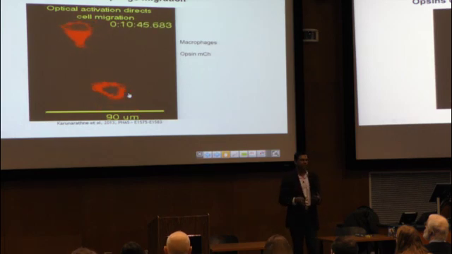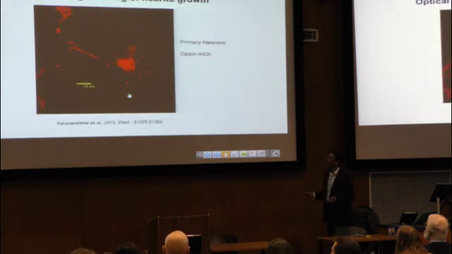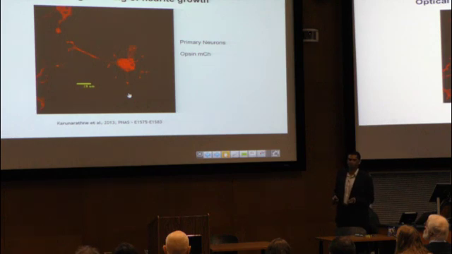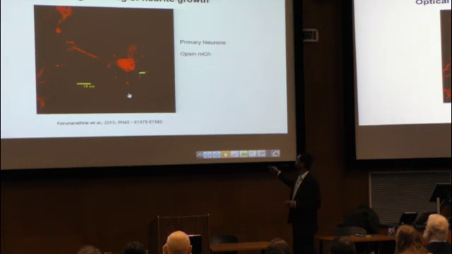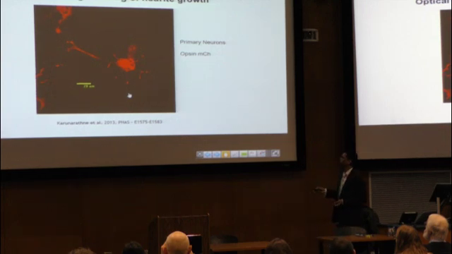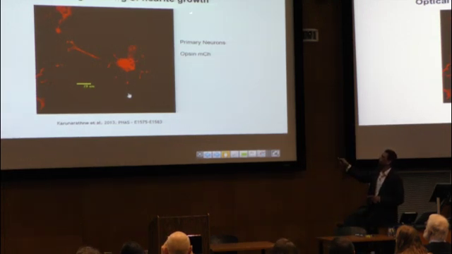Using these processes, we were also able to control neuronal development using light. So here is an early stage neuron from a mouse brain. At the beginning, you can see they try to grow, but we wanted to see if we can reprogram the neurite outgrowth of this neuron using light.